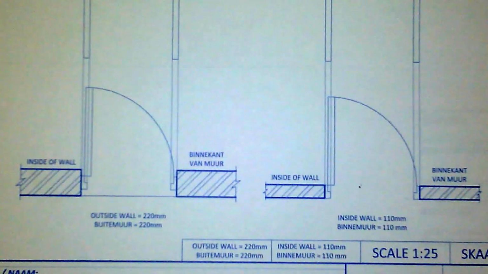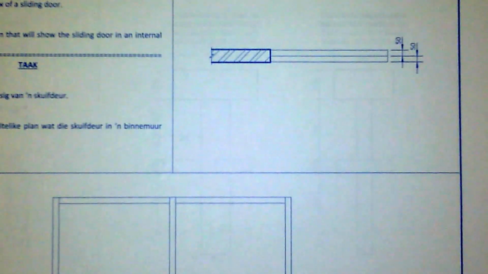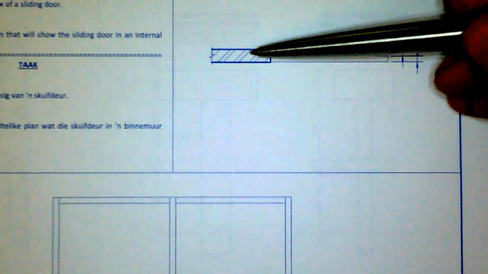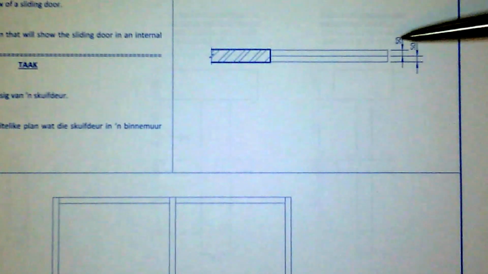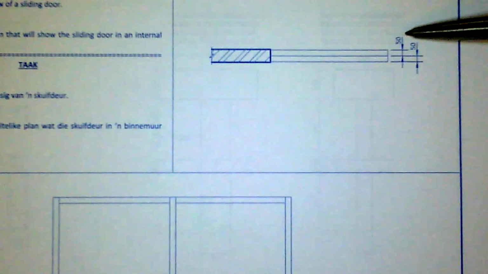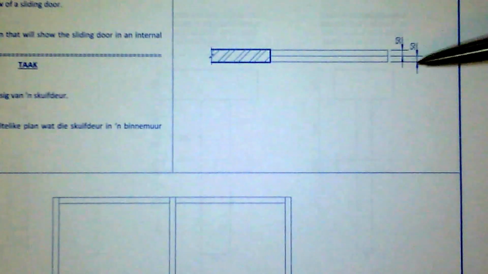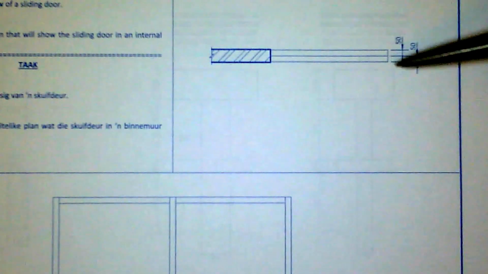Right, so in the previous exercise we were looking at a standard swinging door. This one we're going to be looking at a sliding door. So in the diagram here you can clearly see that an inner wall is quite narrow, and then we're going to have two thicknesses of 50 by 30. But keep in mind that this isn't to scale yet. So this is the actual measurement in real life.